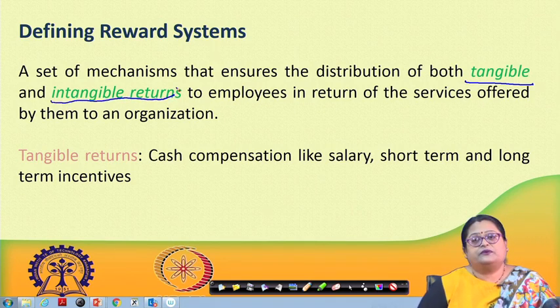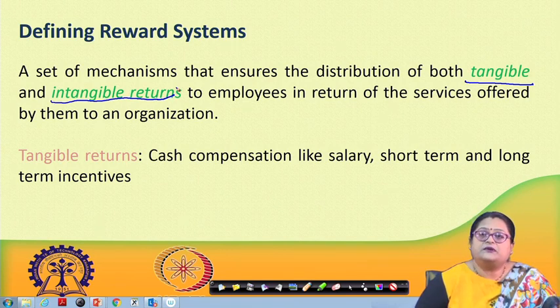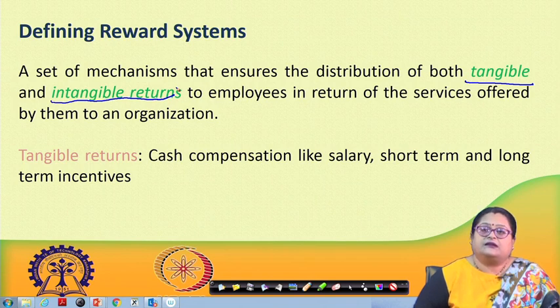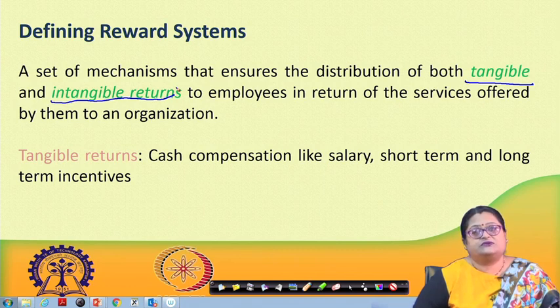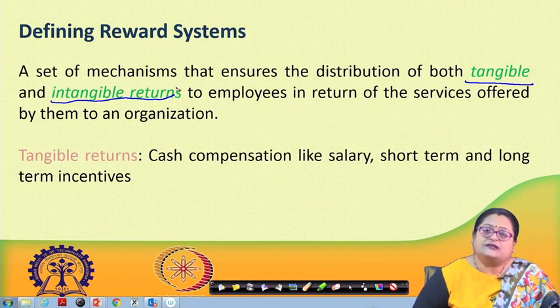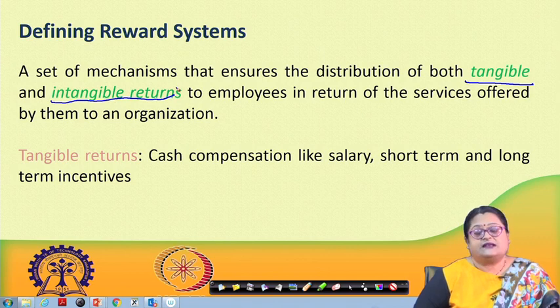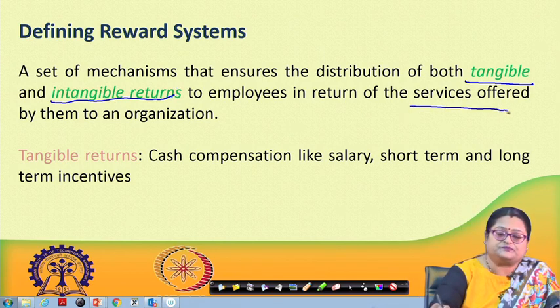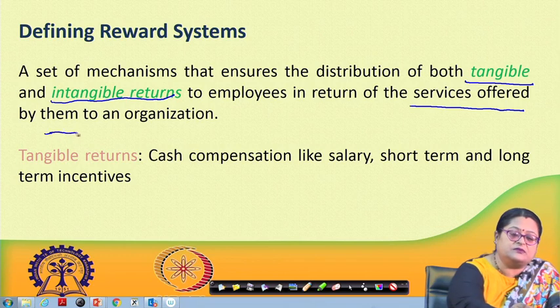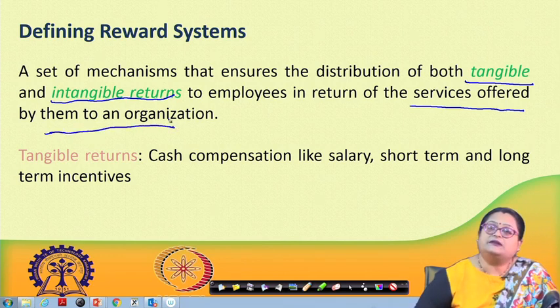When we talk of rewards, we have to keep in mind it is not only something that we can count and come to, like salary and short term and long term incentives, which are always monetary in nature, but there can be other intangible returns also, and these returns are given to the employees in return for the services offered to the organization by the employees.